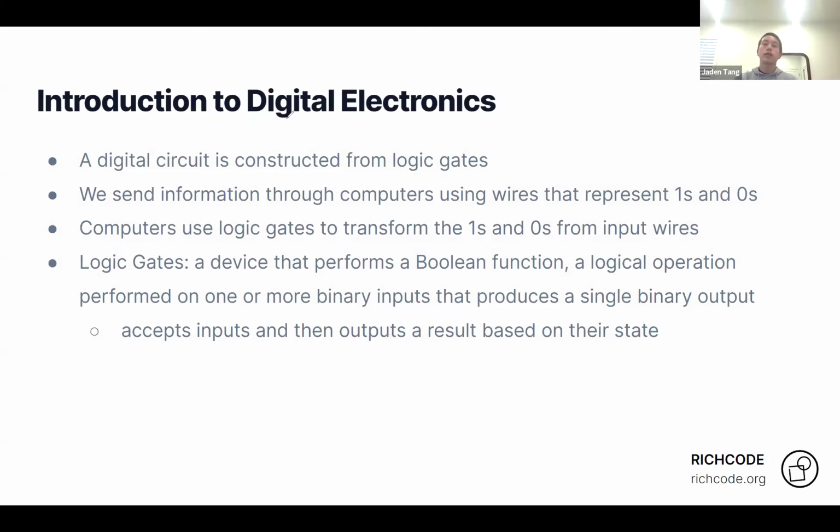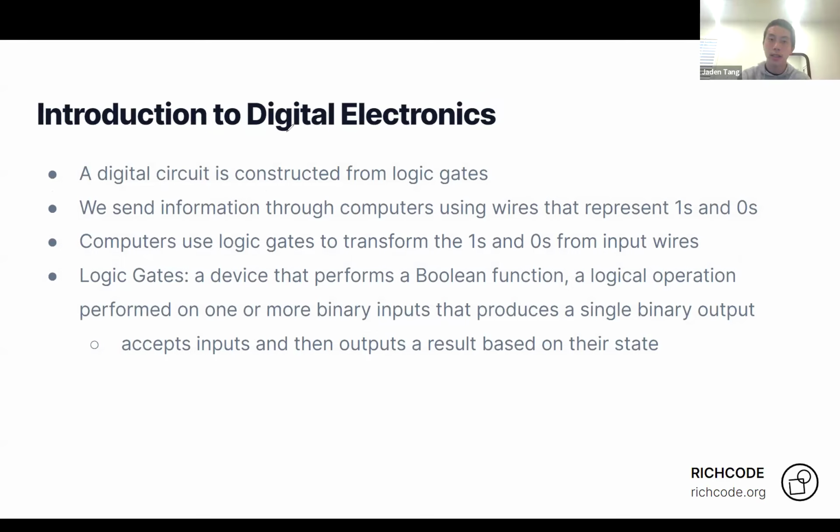So basically a digital circuit is a circuit that's connected from logic gates. And usually we send information through a computer using wires, and we send information in ones and zeros. And then computers use these logic gates to transform the ones and zeros from the input and then put it out into an output.